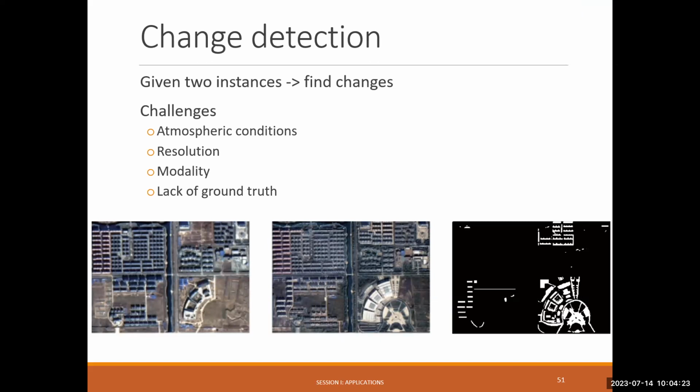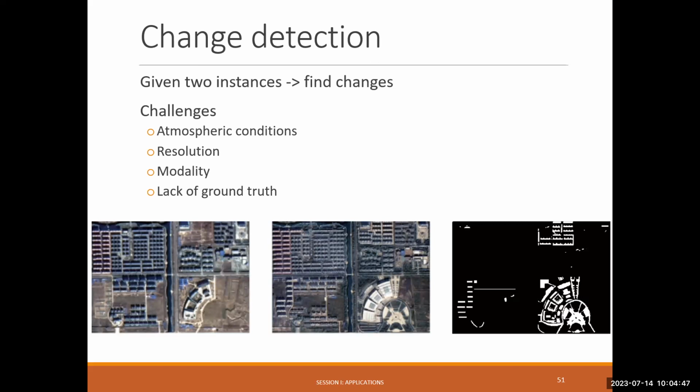With natural images, you take an image and then another image, but not for the point of looking for change. But in this case, because you have global coverage and everything is georeferenced, you can monitor things over time. So this is the before, this is the after, and you want a system that takes those two as inputs and produces a map like that, where every white pixel corresponds to something that is different.